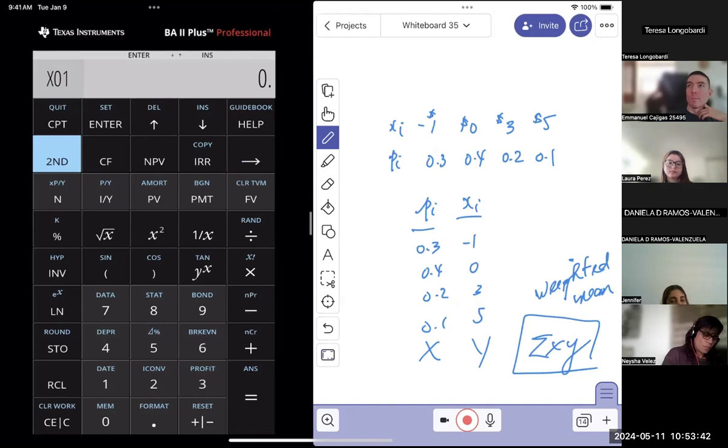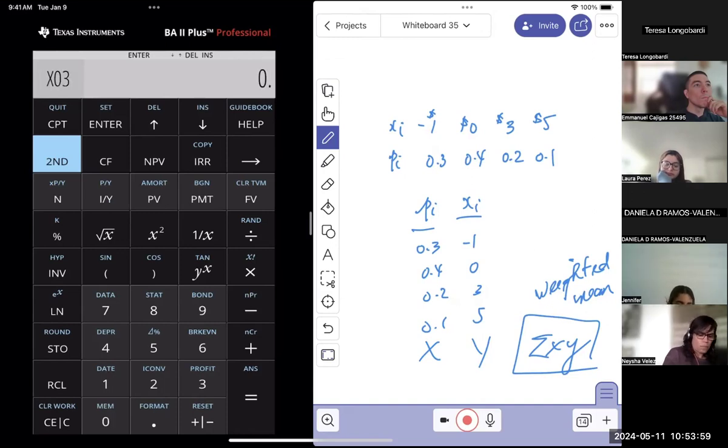So write that somewhere that you can find it so you remember. So 0.3 and 1, negative 0.4 and 0.